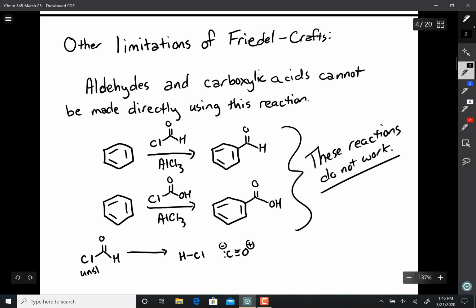It's too unstable to be used. This molecule here, I don't even know what its name is. It loses HCl and becomes carbon dioxide. It's also too unstable to be used.